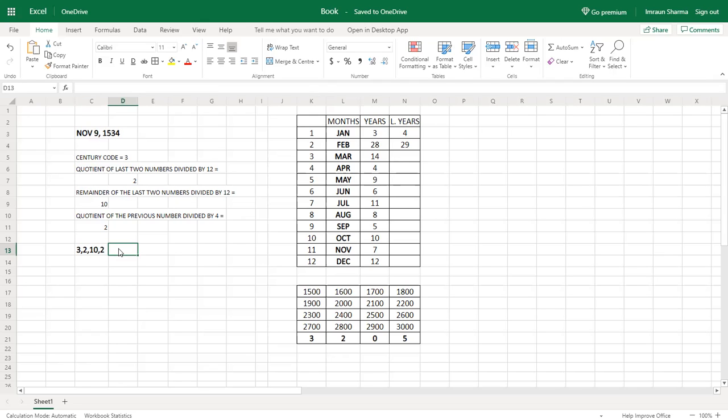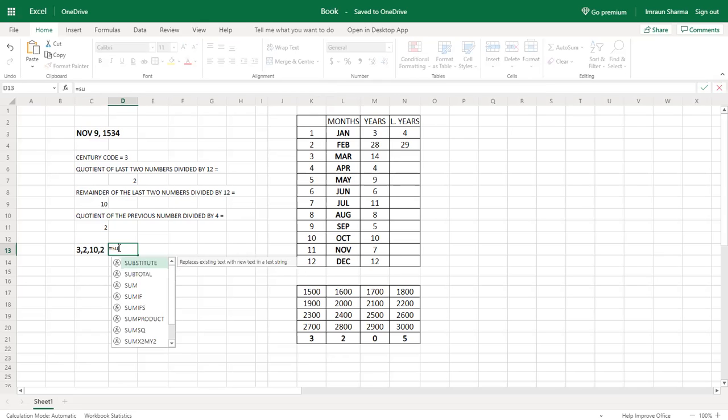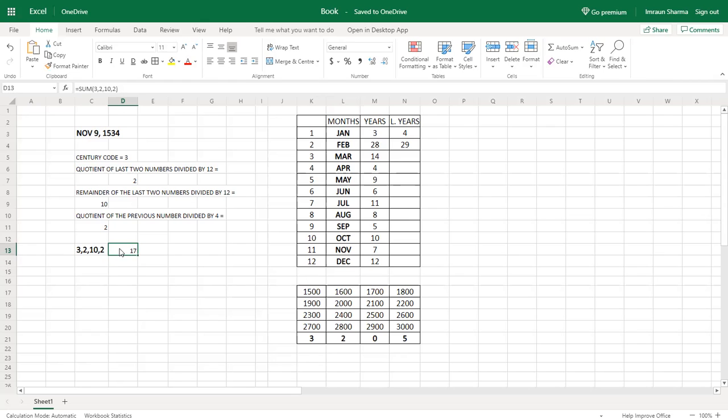So the result will be sum 3, 2, 10, 2. So the sum will be 17. So the final number is 17.